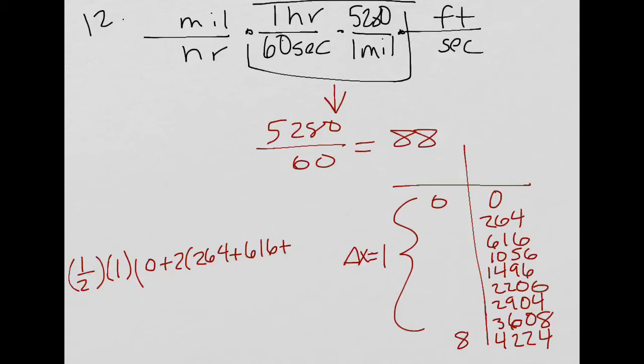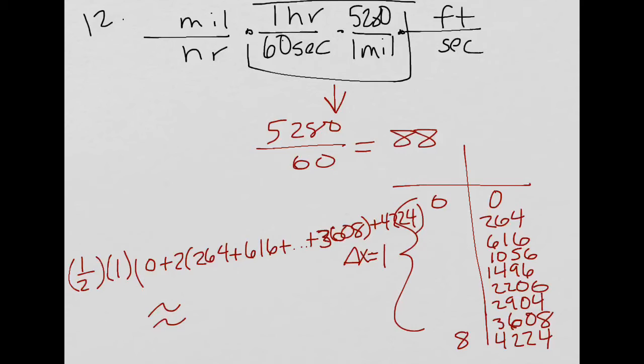So it would be all those middle numbers to 3608, and then add on the 4224.